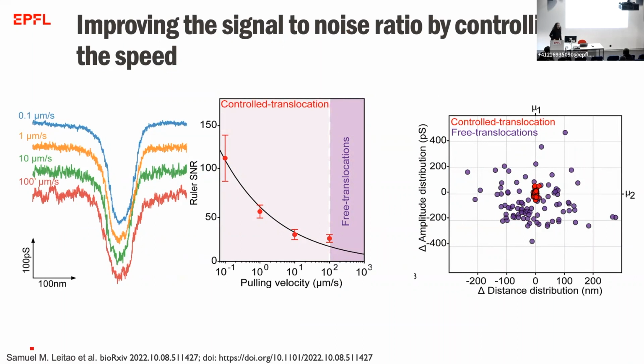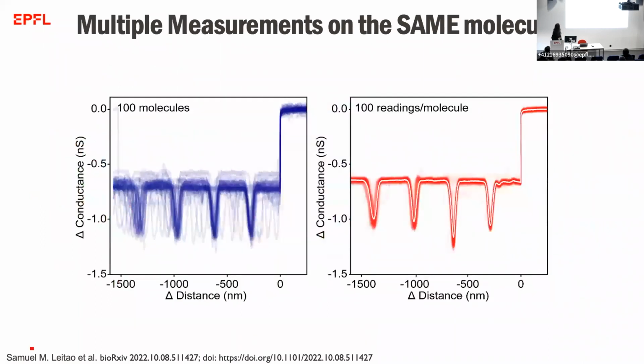The slower we go, of course, the better the signal-to-noise ratio. This is plotted on these slides. Just for comparison, we can look also at the distribution of the controlled translocation distances versus the free translocation, and we see a clear improvement.